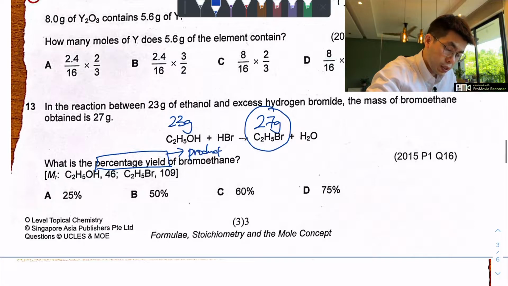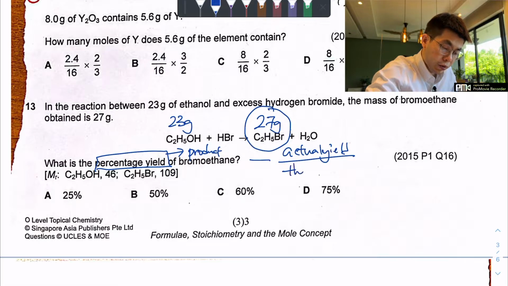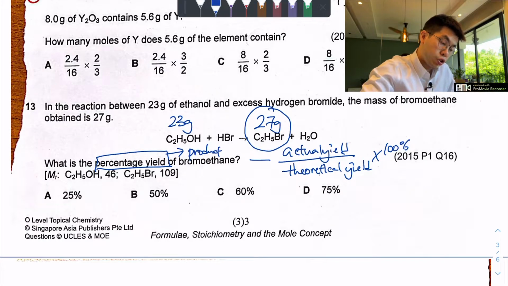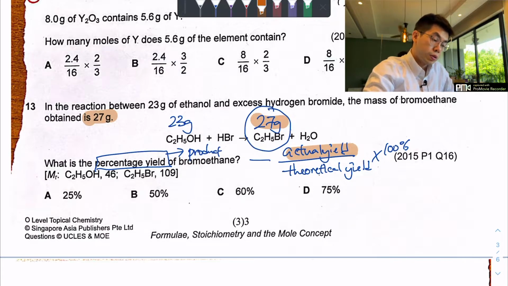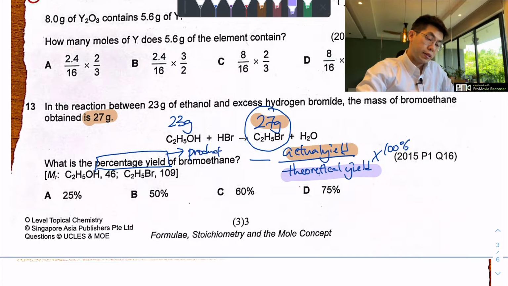Percentage yield is actual yield divided by theoretical yield times 100%. The actual yield is the 27 grams I obtained. The theoretical yield I need to calculate, and I can start from 23.